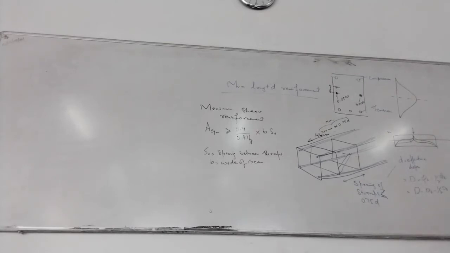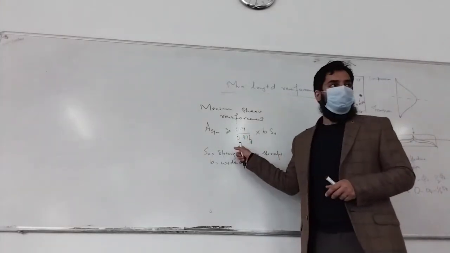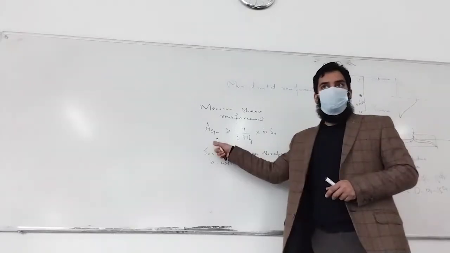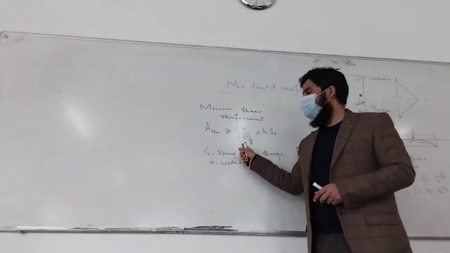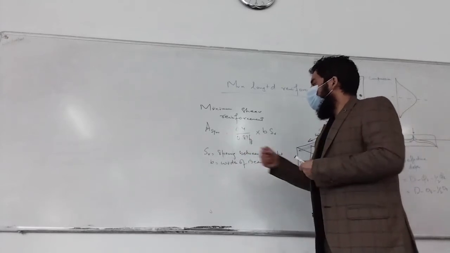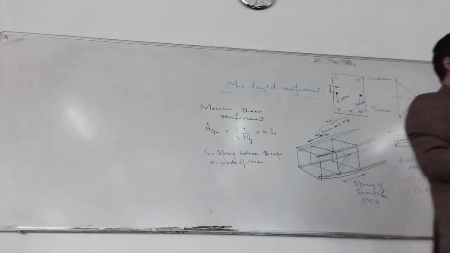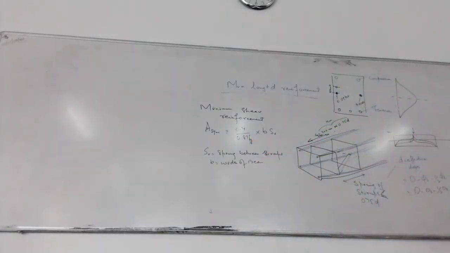Then b you already know, so this is the minimum. You will get minimum Asv when this is equal to this. It has to be greater than or equal to this, so the minimum is this much.